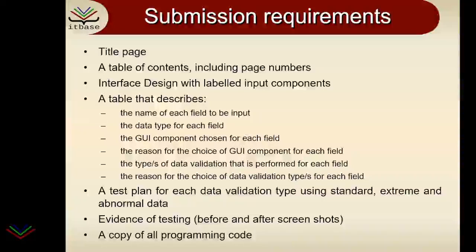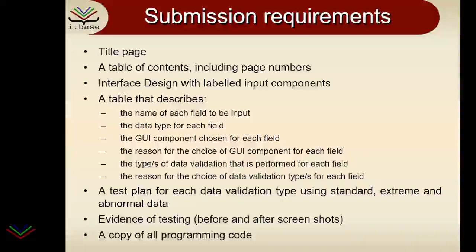Inside this document, you'll need a table that gives the name of each field, the data type of the field, which GUI component you have chosen for the input, along with the reason why you chose that GUI component, and the type of validation that will be performed. So for someone typing in a name, we can't specify what sort of name you're going to type in, but you would need to check that that name exists, that there is input in that field.